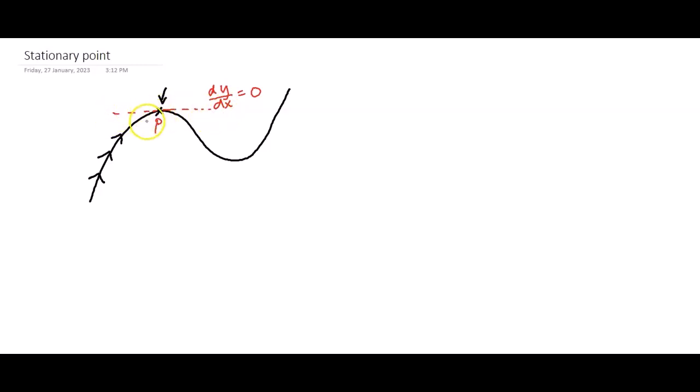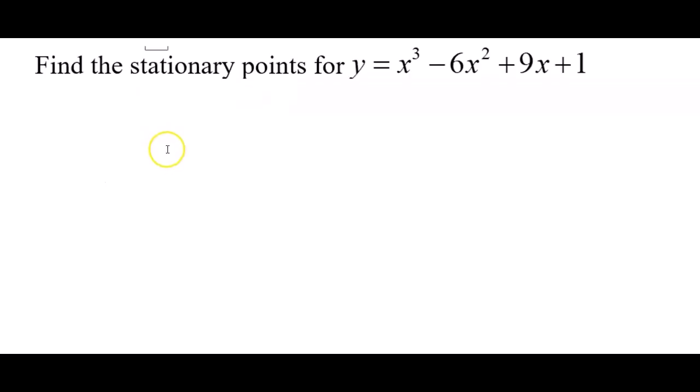So to get a stationary point, you just need to know the information dy/dx equals 0. From this equation, you solve, and from here you will get the point P. As an example, find the stationary point for this function. First of all, we need to find dy/dx, because we know that dy/dx represents the gradient.